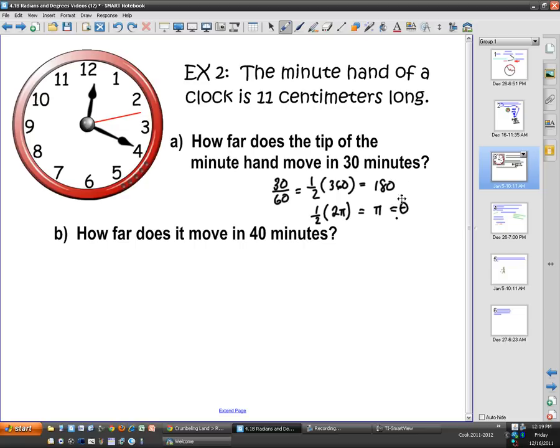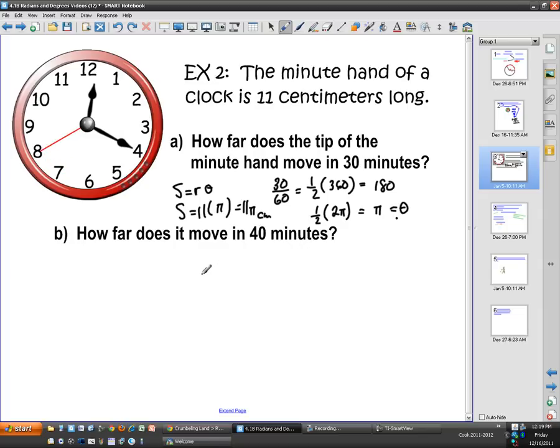To find how far the tip of the minute hand moved, that's going to be arc length, S, which is the radius times pi. My radius is 11, so I get 11 pi, and that would be centimeters. And we could multiply that out and find out exactly what it was.